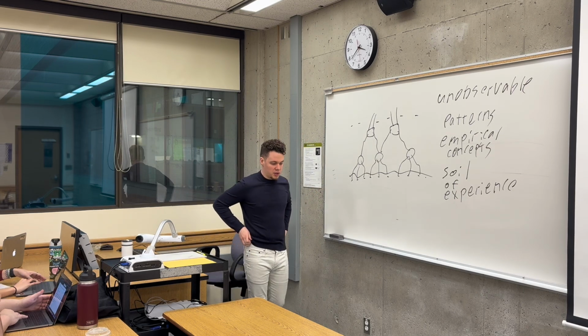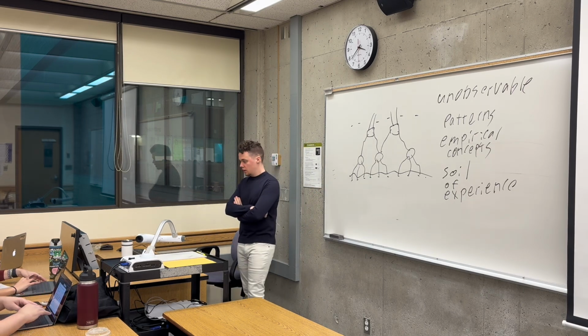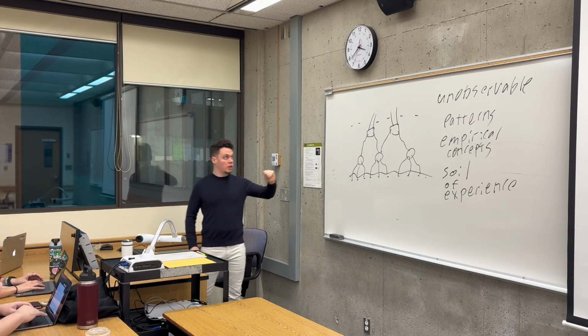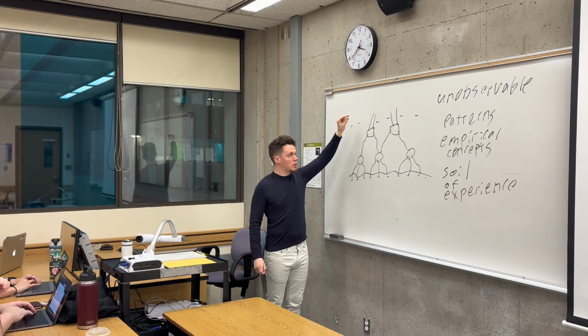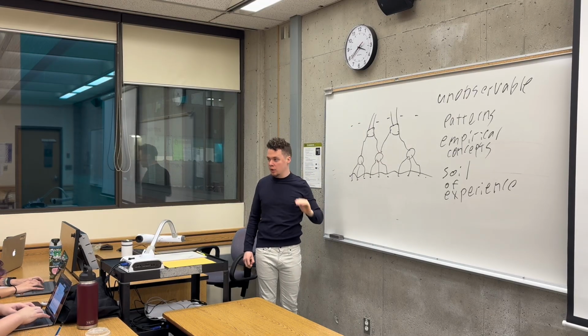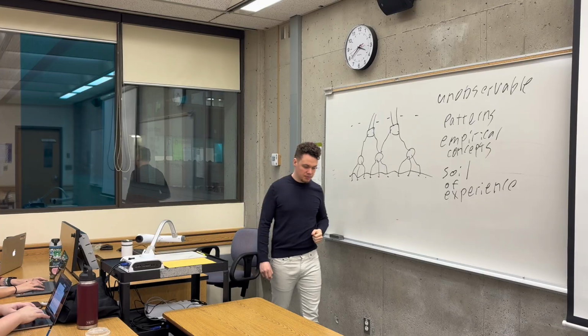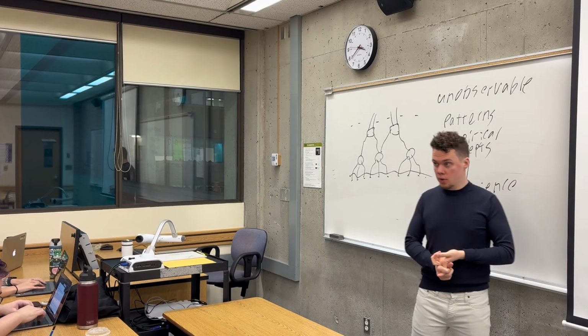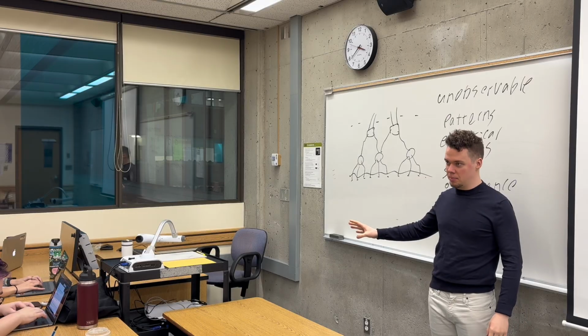So here's the theoretician's dilemma. Do the unobservable entities play a role in explaining the patterns in our observations? If no, then we can dispense with them, right?